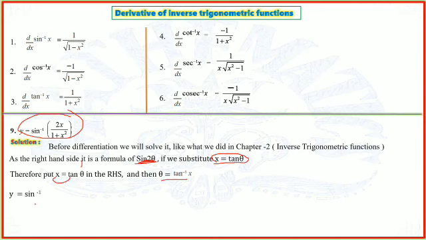So we are substituting sine inverse 2 tan theta upon 1 plus tan square theta, which is equal to sine inverse sine 2 theta, and then sine and sine inverse are removed, so we have 2 theta, and theta we have taken from above, that is 2 tan inverse.